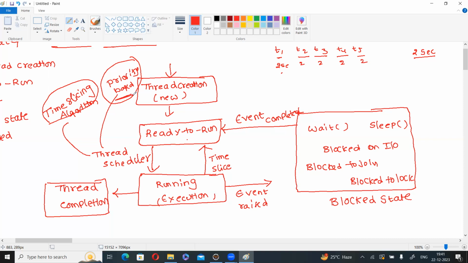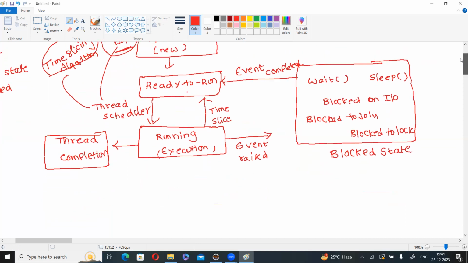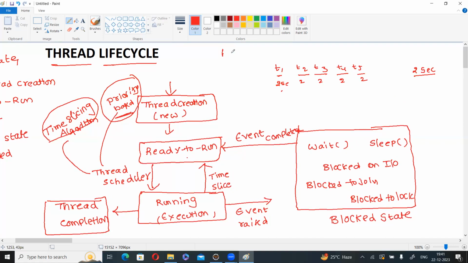What is the priority based? Each and every thread has some priority. Generally the priorities are numbered from 1 to 10. 1 is the lowest priority for a thread, 10 is the highest priority for a thread. By default, every thread has a priority 5. That means at the time of entering the thread into the ready state, I set the priority.